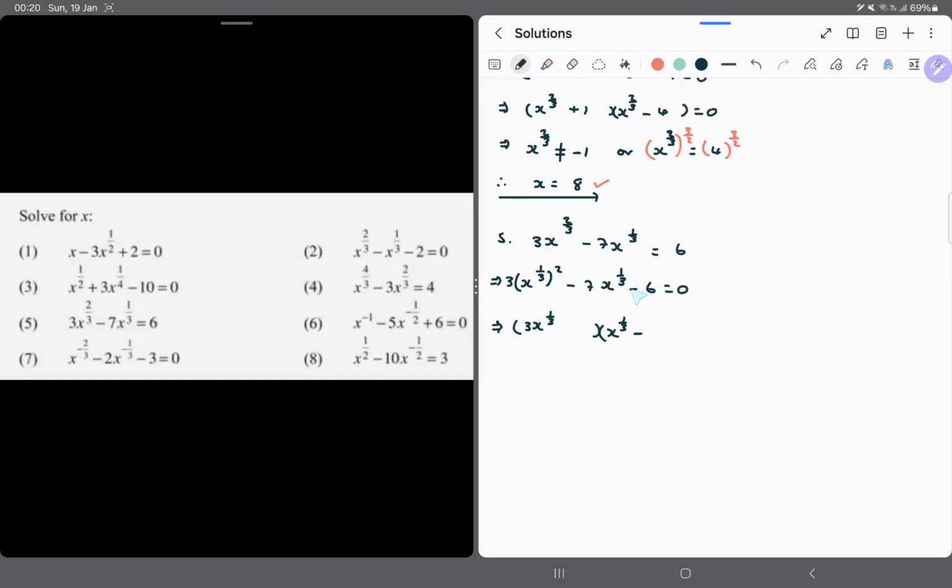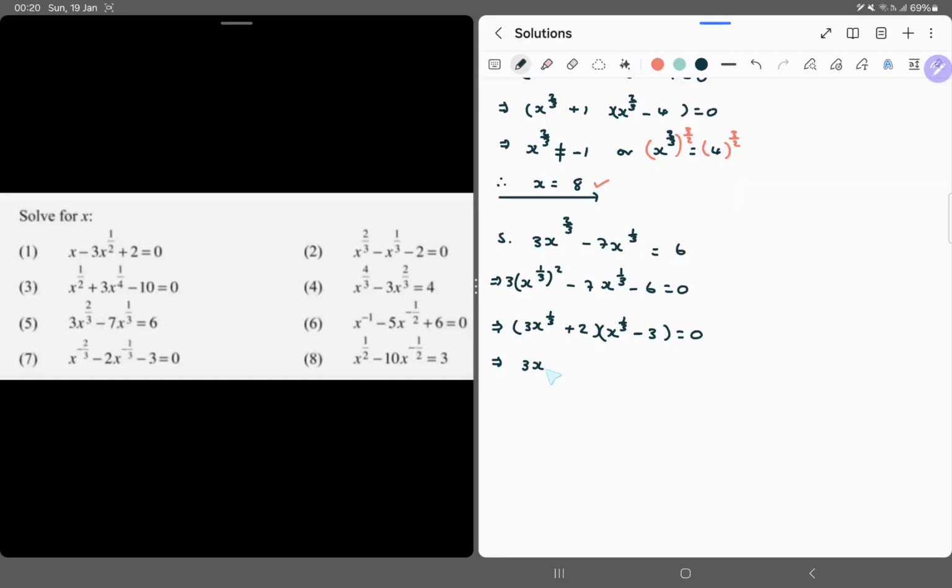Now 6 is going to be 2 and 3. Sorry, 2 and 3, yeah? So let's make this one 3, and we make this one 2. Because this is going to be minus 9 plus 2, that's minus 7. So that's done.